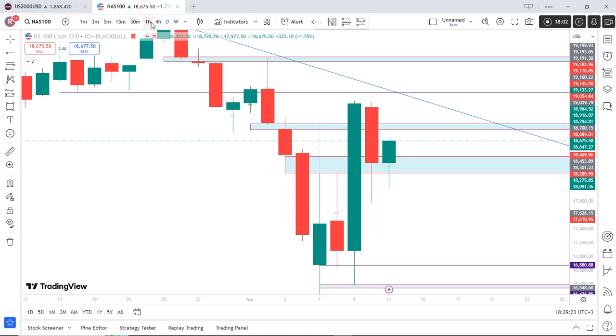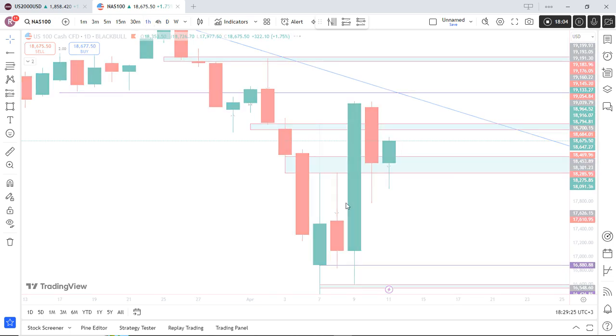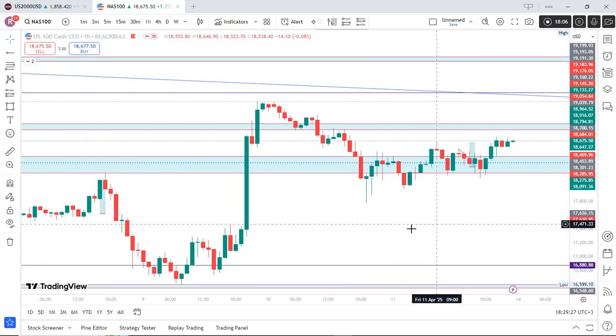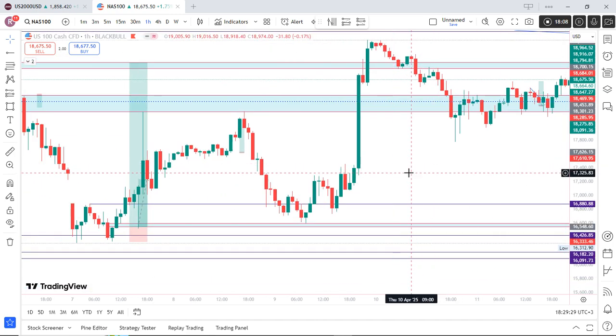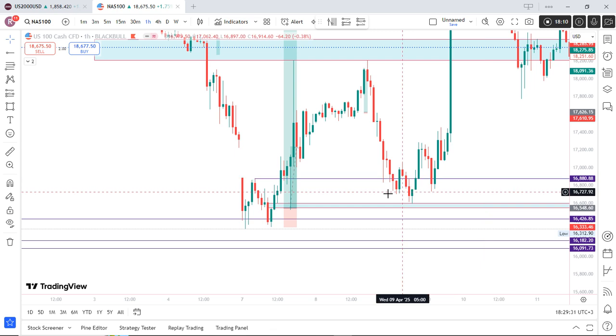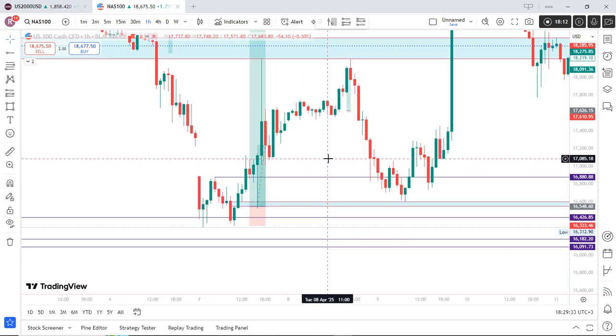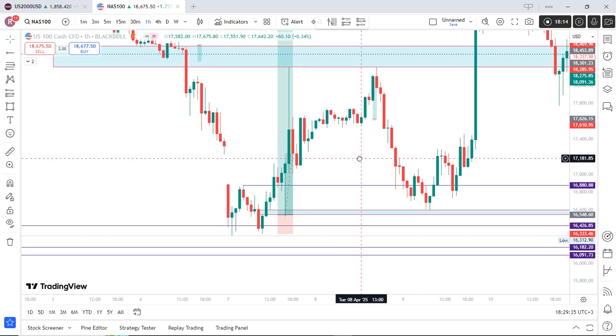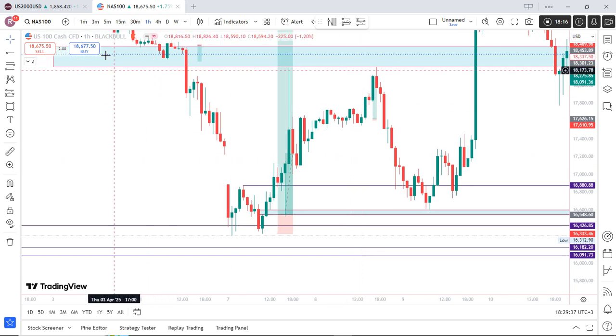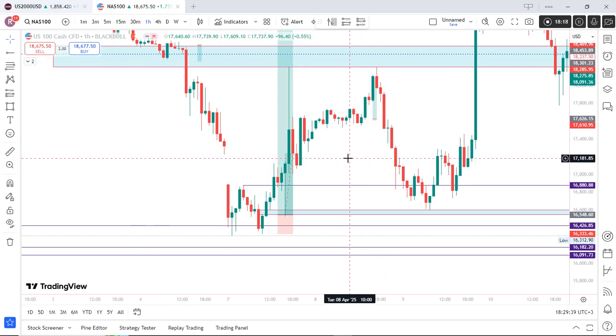Right, let's go back into the hourly time frame. So remember that we are looking for what? For buys. Okay? For people who understand SMT, this is what I want to tell you about. If you take a look at SMT, it happened on Wednesday between Nasdaq and US 2000.